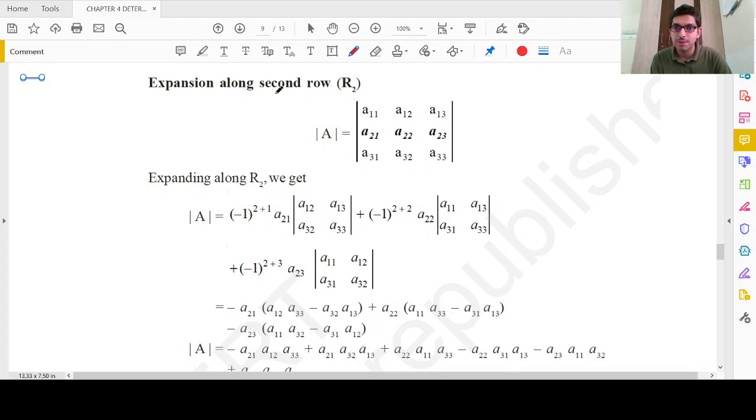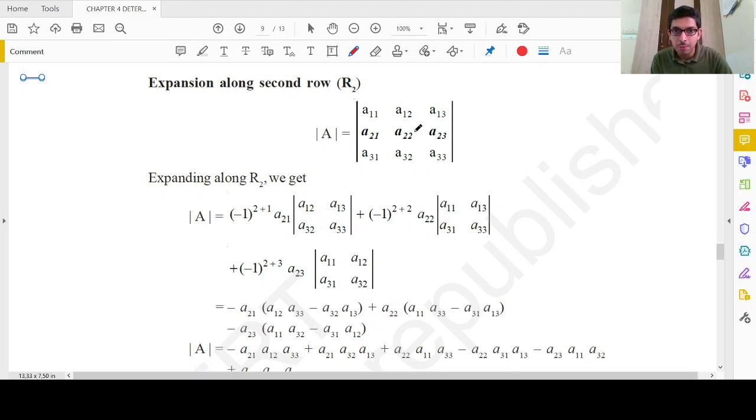For example, suppose we are expanding along the second row. In the second row, the elements are A21, A22, A23. So all the 3 steps are done in a single step here. So determinant of A equals minus 1 to the power 2 plus 1, because for A21 the sum of the suffixes is 2 and 1. Then the determinant obtained by deleting second row and first column, that is A12, A13, A32, A33.